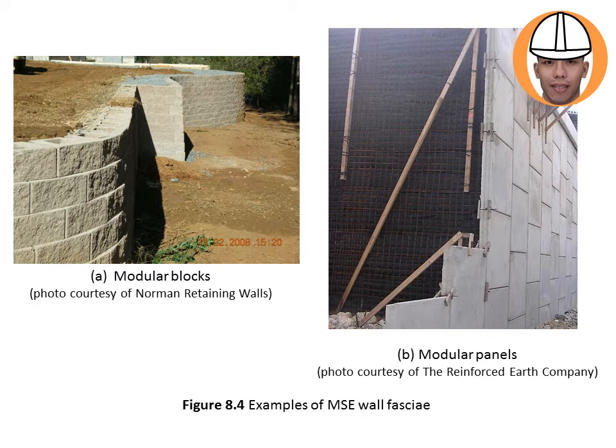Okay, so these are the example of the facing or fasciae of the mechanically stabilized earth wall, MSE. So you have modular blocks. So as you can see, we have here the block peel, and the layers of geotextile, okay, underneath this block peel, as shown in the previous slide.